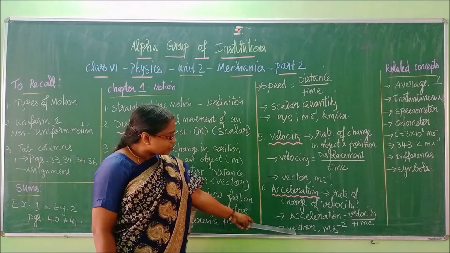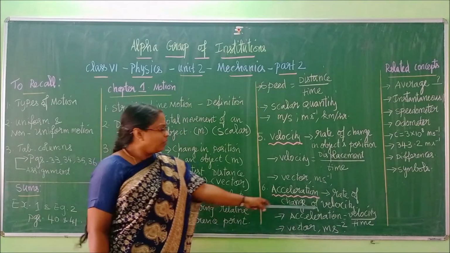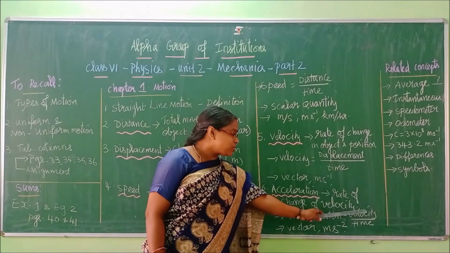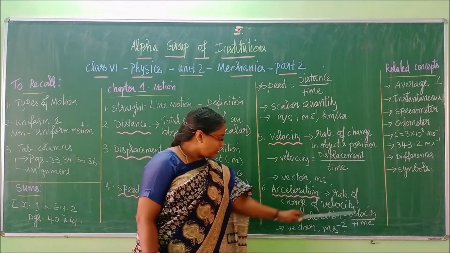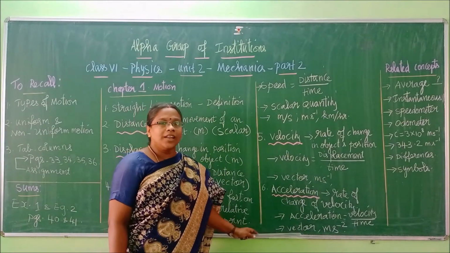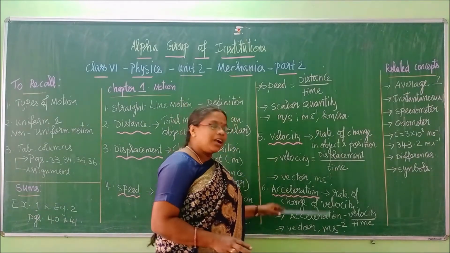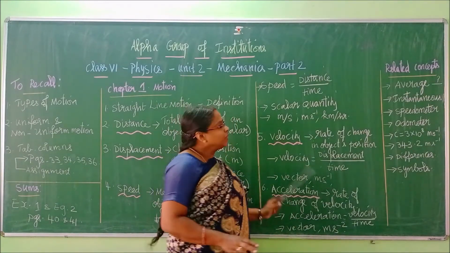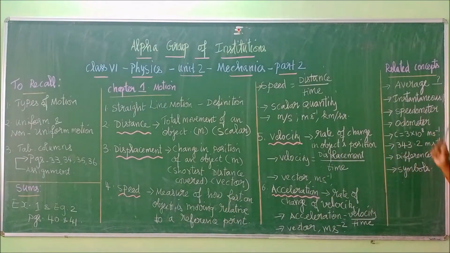Now, what type of quantity is this? This is also a vector. Why? We said acceleration is velocity by time. Velocity is a vector, so acceleration will also be a vector. Children, for certain students, if you cannot zoom the video, don't worry. All these concepts I will give as notes. Some other related concepts we need to learn, children, will come here.